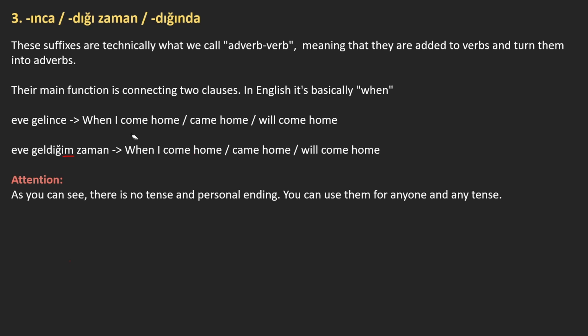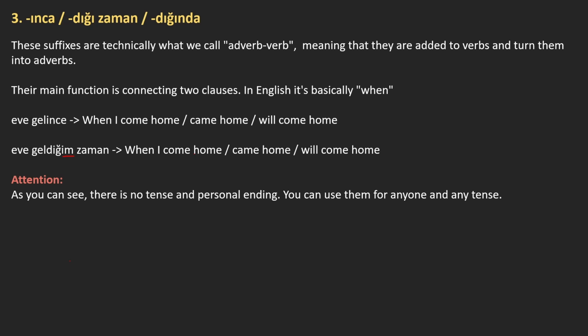It can mean when I come home, when I came home. In English, when I will come home is a bit unnatural, but you can also use it for the future, like I will do it when I come home. Eve gelince yapacağım.